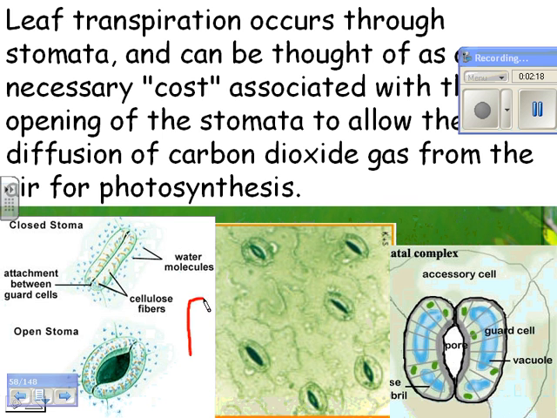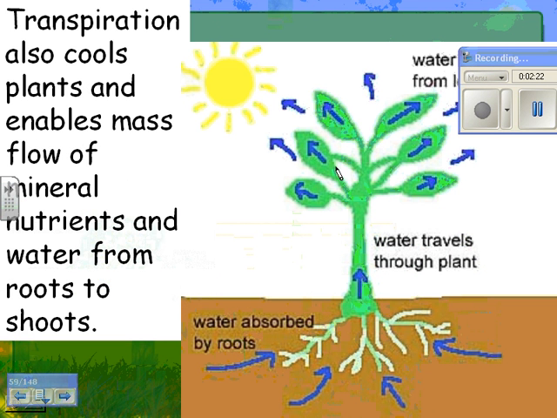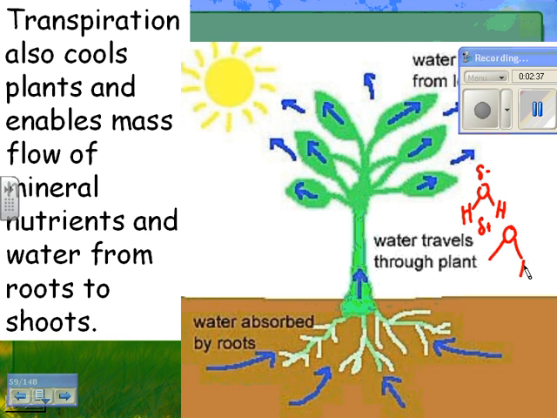So when you have a plant, I think I have this on the next page actually. Yep. When you have a plant here and there's water in the ground, remember, water is attracted to other water molecules. So here's a molecule of water, and this side is partially negative and this side's partially positive. Same thing with other water molecules. So this partially negative side is attracted to the positive side of that water molecule because of hydrogen bonding.